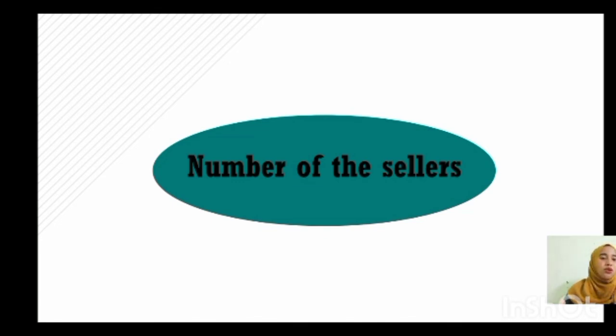So this one also affects the quantity supply and the price of the goods in the market. For example, if there is a large number of sellers na nagbebenta sa isang produkto na iyon, meaning the price will go down if the sellers are many. And then if the price goes down, kung maraming nagbebenta doon, meaning the quantity supply increases, because there are many sellers that will sell that goods, no?